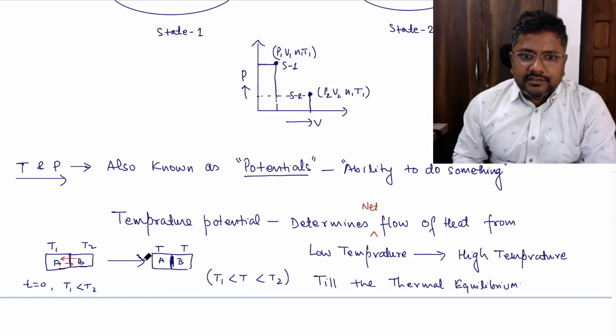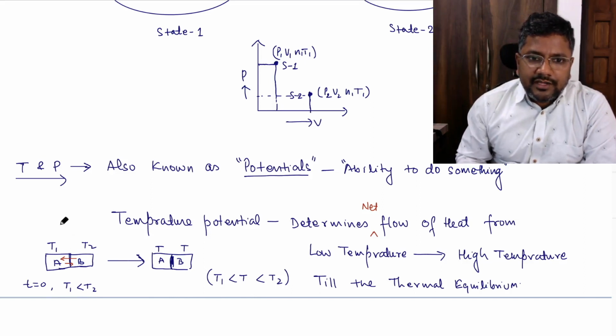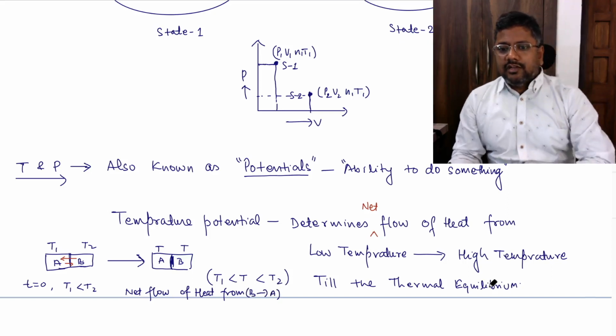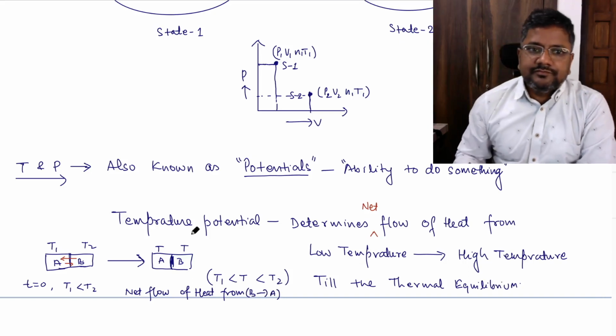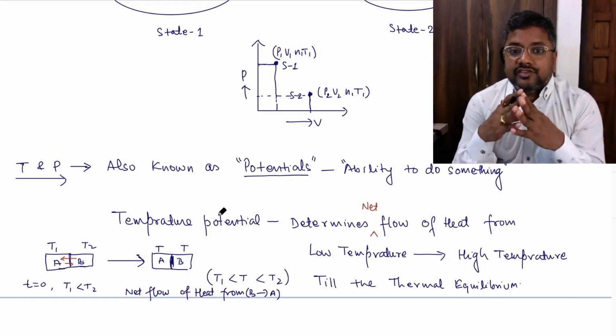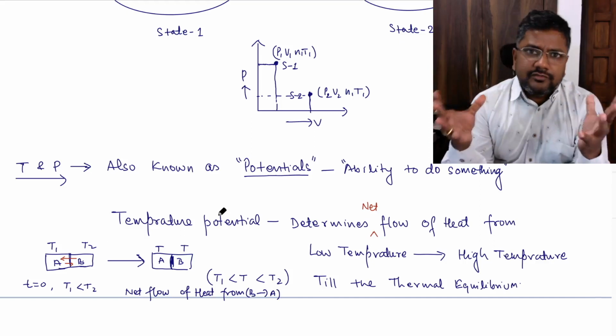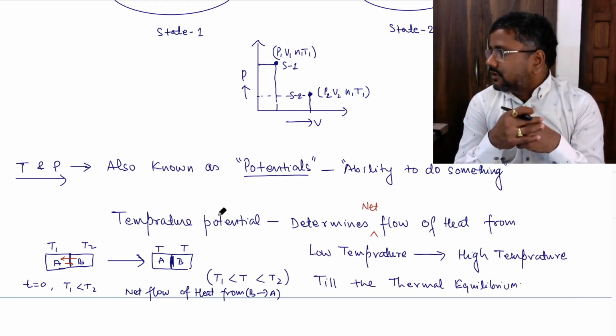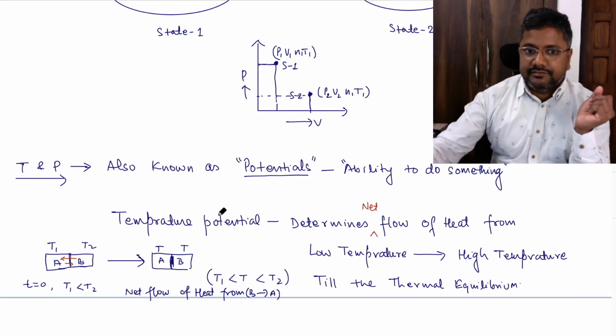So there is a net flow of heat from B to A, till thermal equilibrium is established. So this is the meaning of temperature potential. Hopefully all of you are clear. And this is called the zeroth law of thermodynamics, right?